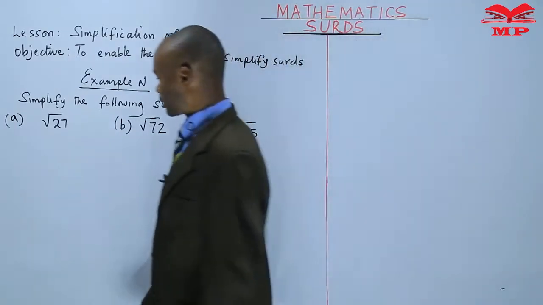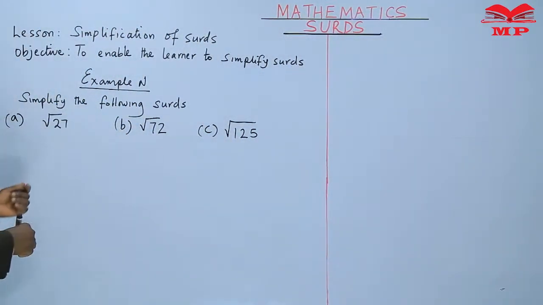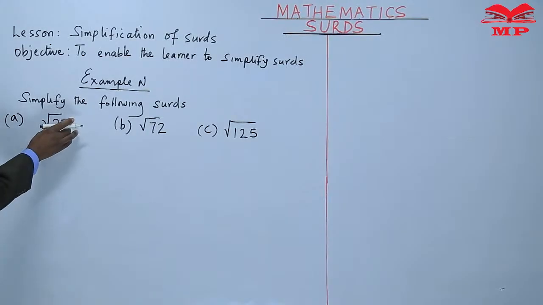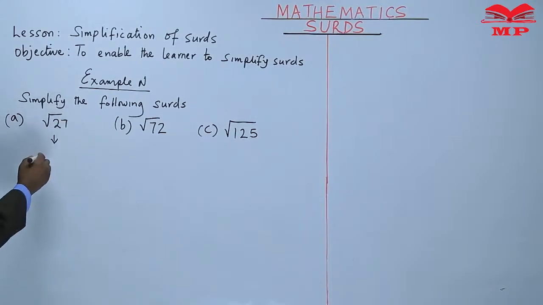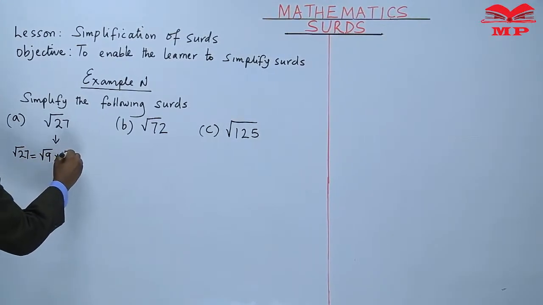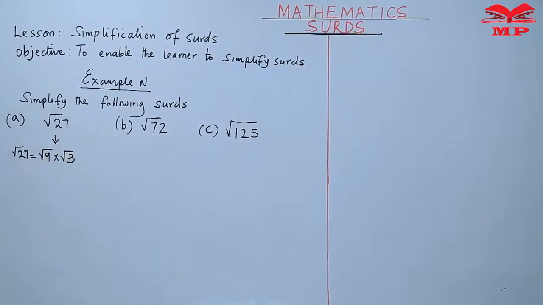When you have these, you look for multiples of 27. For 27, we have 9 and 3. So you'll say square root of 27 is equal to square root of 9 times square root of 3.